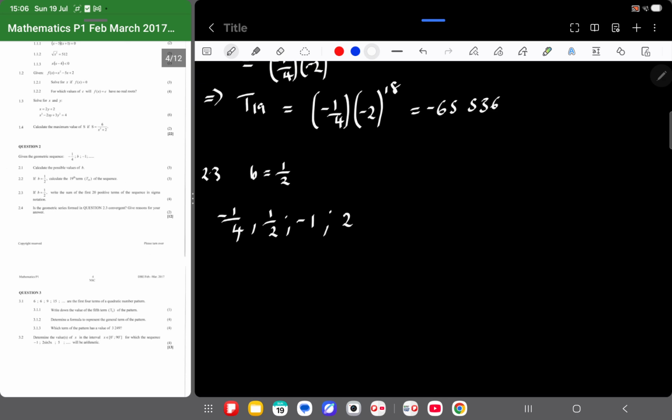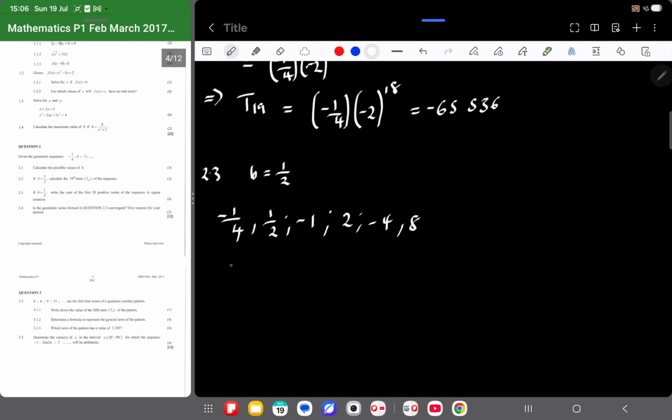the fifth term will be -4, the sixth term will be 8.